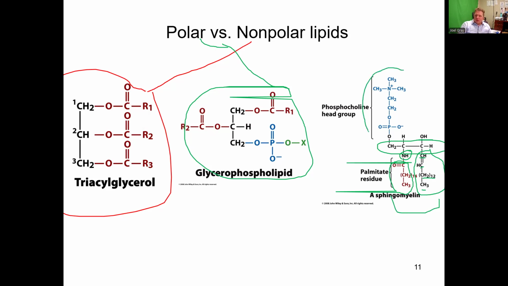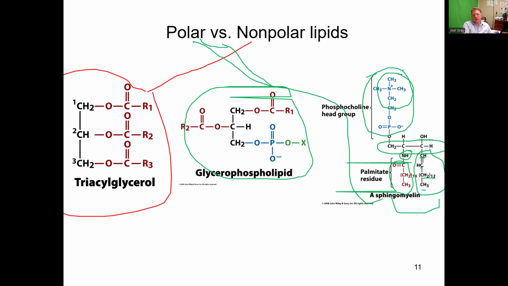But then this thing over here, this phosphocholine head group, a phosphate group, well, PO4 3-, that's going to be polar. And then the rest of this head group right here, that's also going to be polar. So we've got these head groups that are polar that kind of cause a little bit of a problem in terms of the polarity of this overall molecule. So this molecule, this whole thing, a sphingomyelin, is also going to be polar.